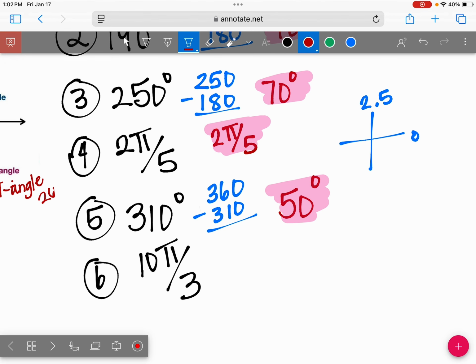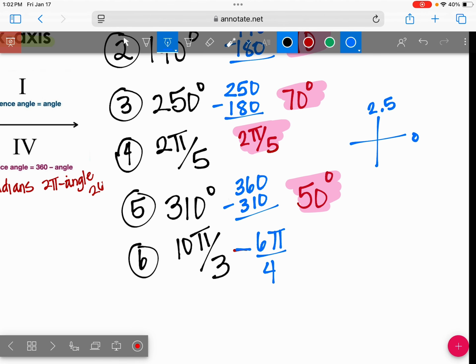It is 3. So if I subtract 2 pi, that's another way to look at that. Subtracting 2 pi, that would be 6 pi over 3. Why did I put a 4? I don't know.